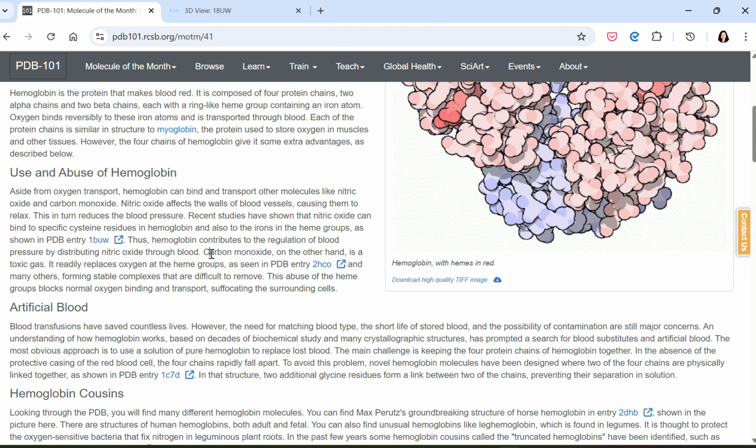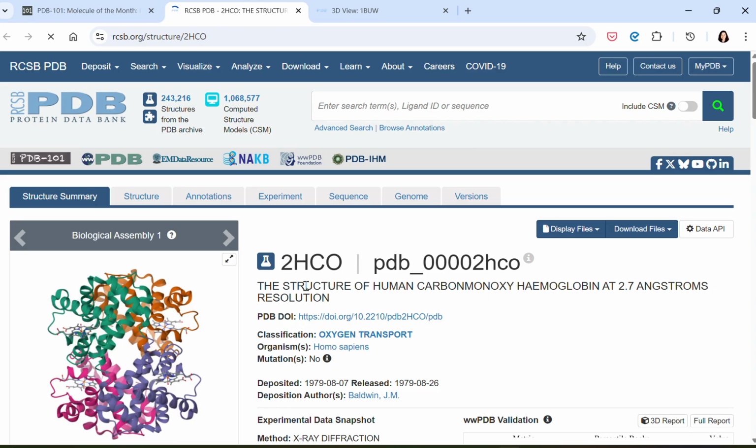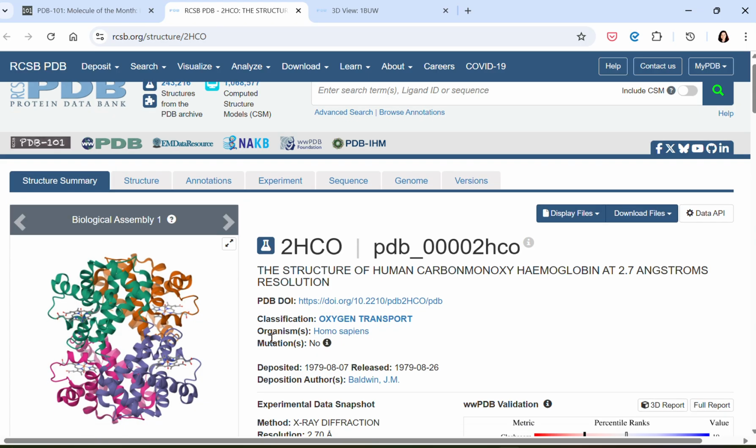Then it shows carbon monoxide as a toxic gas. It readily replaces oxygen at the heme group, as seen in here. So we open this one. Structure of human carbon monoxide hemoglobin, which means hemoglobin which is bound to carbon monoxide.